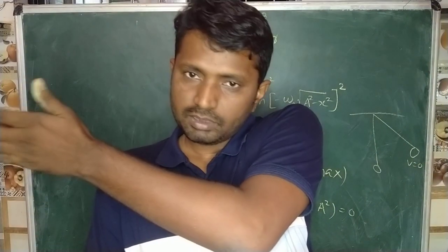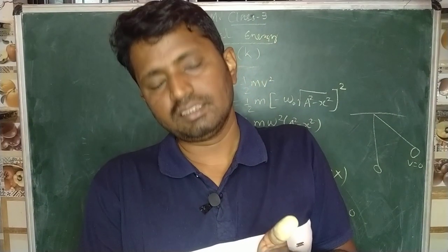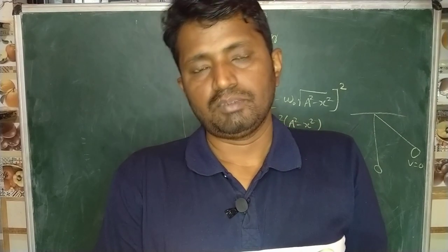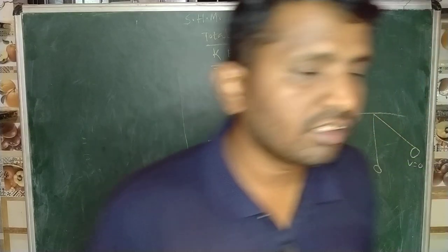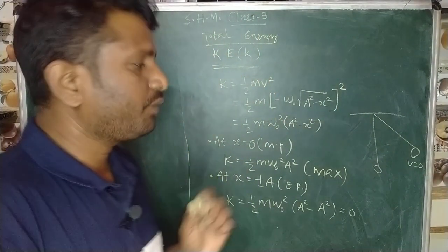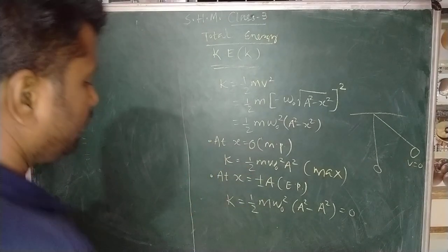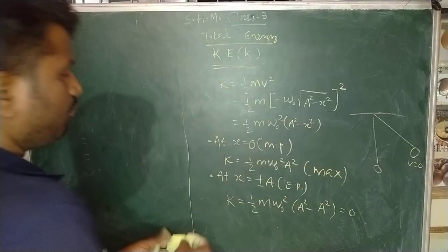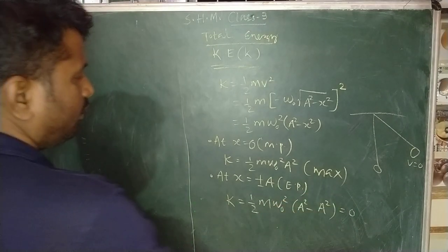And when it returns from the minus side and again reaches here, its kinetic energy will also be maximum. So how many times will your kinetic energy vary in one complete oscillation? It's 2 times. Both maximum value and minimum value of kinetic energy will occur twice in one complete oscillation.